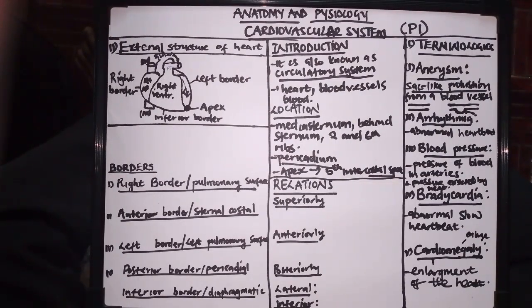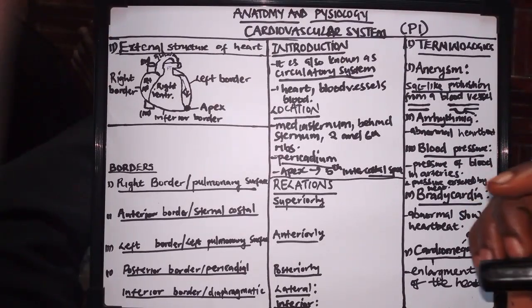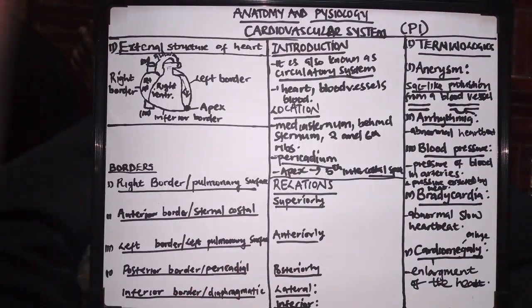The external part of the heart is basically made up by 4 chambers. We have the 2 upper chambers which are known as the atria, and we have the 2 lower chambers which are known as the ventricles.